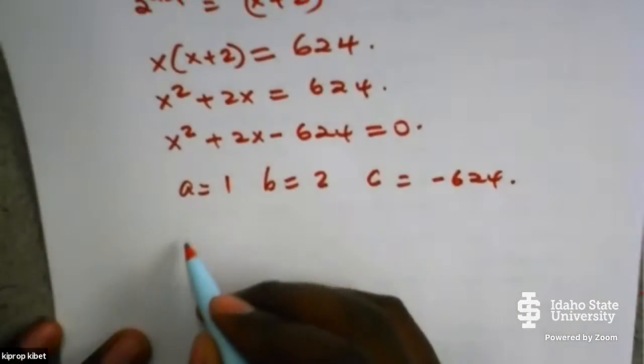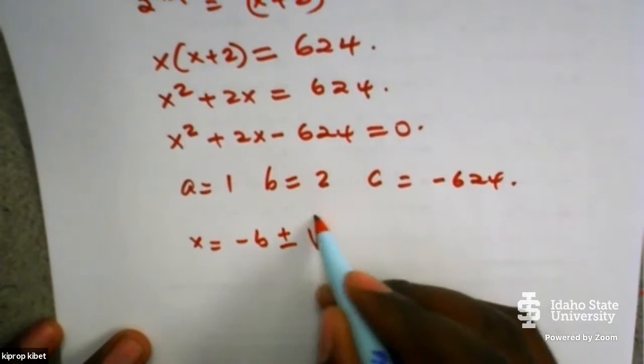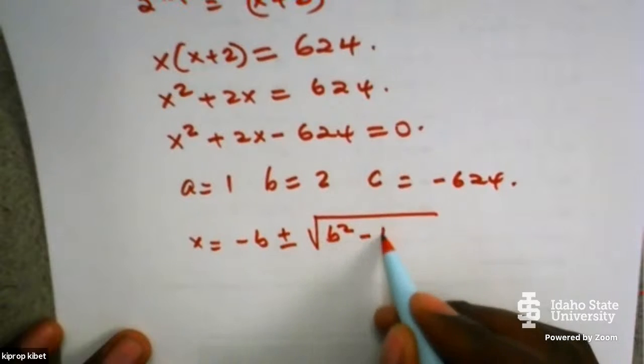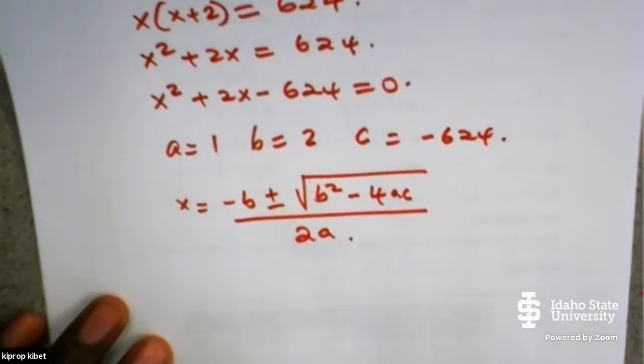The formula is x equals minus b plus or minus the square root of b squared minus 4ac, all over 2a.